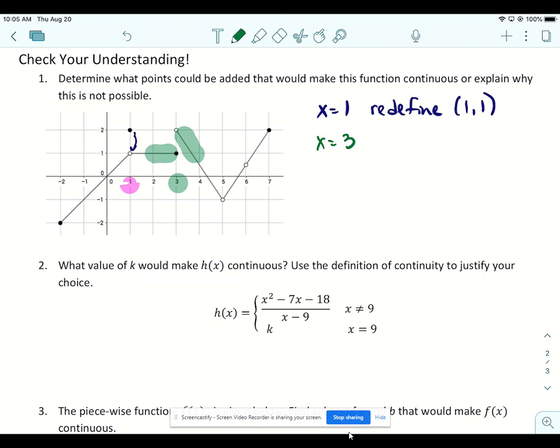So that cannot be patched or removed, because it's a non-removable jump discontinuity. So there's nothing we can do there.